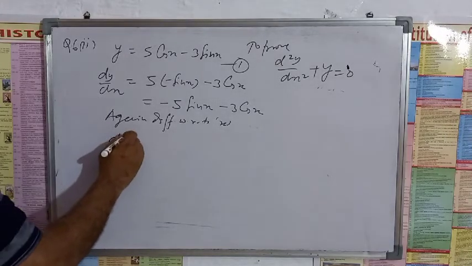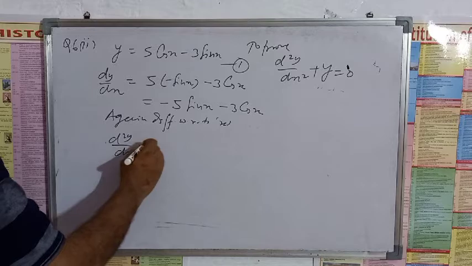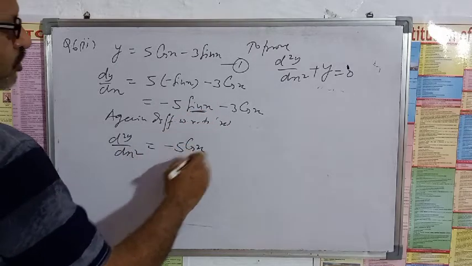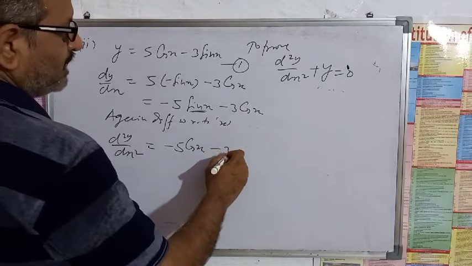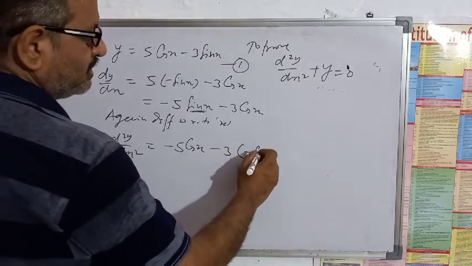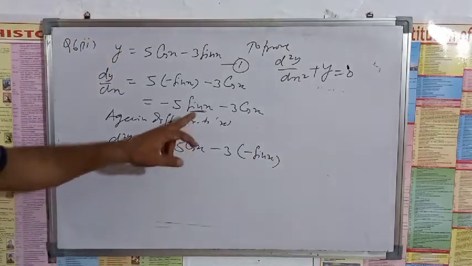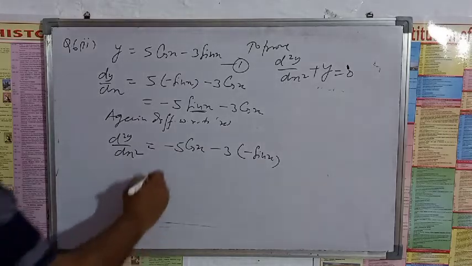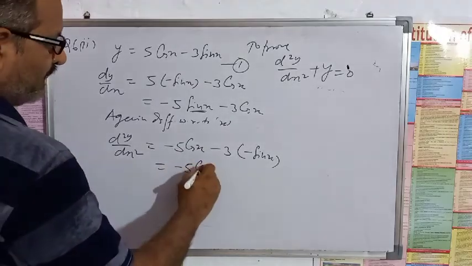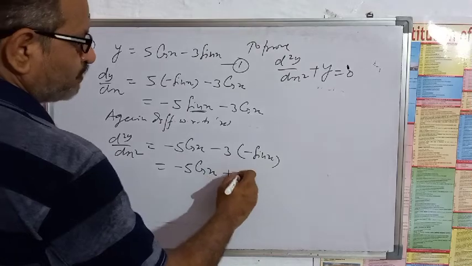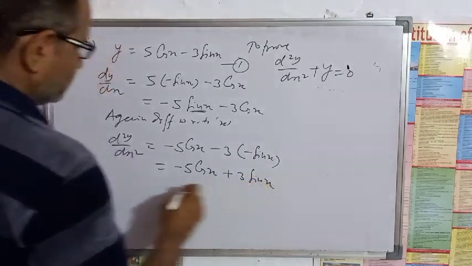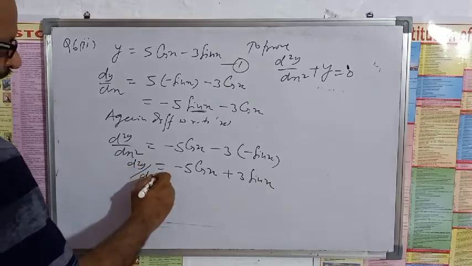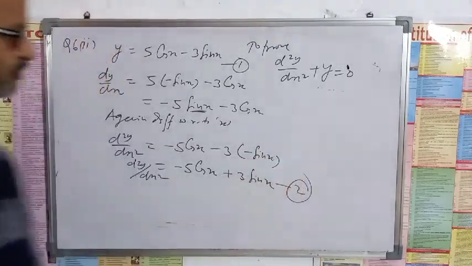So left side we write d2y by dx square, minus 5 sin x derivative is cos x, minus 3 cos x derivative is minus sin x. So minus 5 cos x plus 3 sin x. So it is d2y by dx square. Make it number 2.